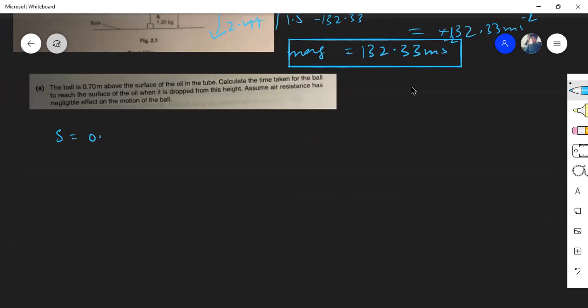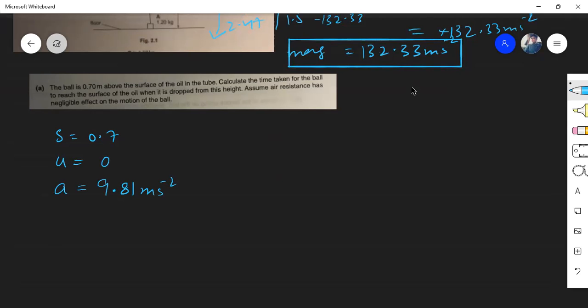So the distance is 0.7. Calculate the time taken to reach the surface. When it actually starts its course, the initial velocity is 0 because it's held by something, it isn't moving. So the initial velocity is 0, and since it's on Earth, we will just consider that it's accelerating with the acceleration of 9.81 meters per second squared.